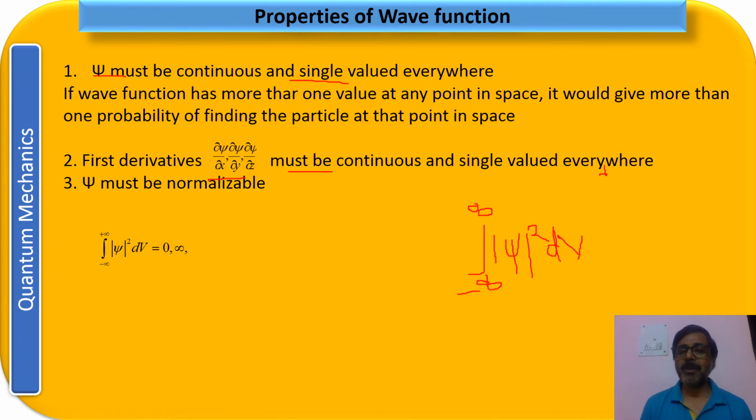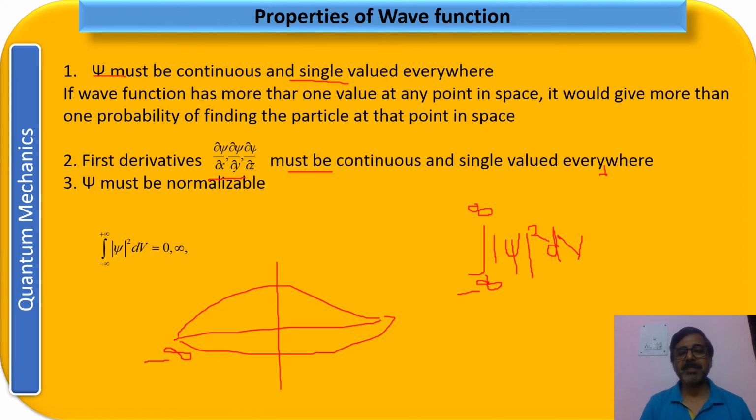So what will be the maximum range? Minus infinity to plus infinity. Let us suppose this is your wave function, which can spread from minus infinity to plus infinity. Taking the coordinate over here, this side is minus infinity, and this side is plus infinity, and this volume I am going to represent by dV.